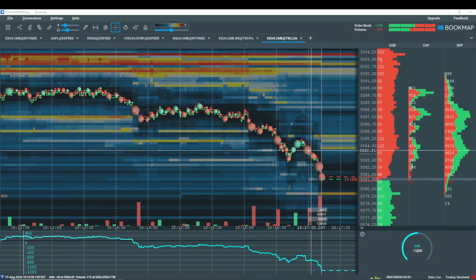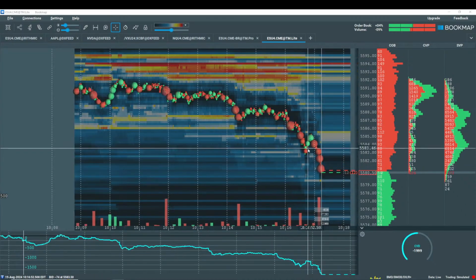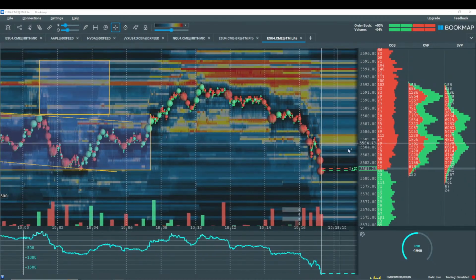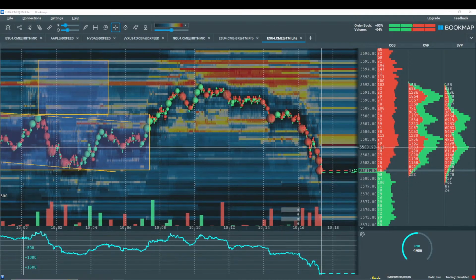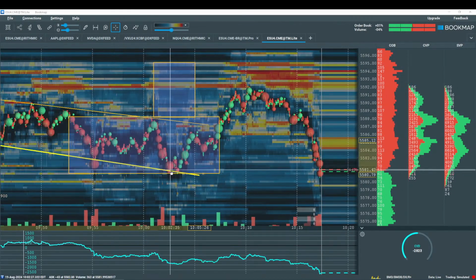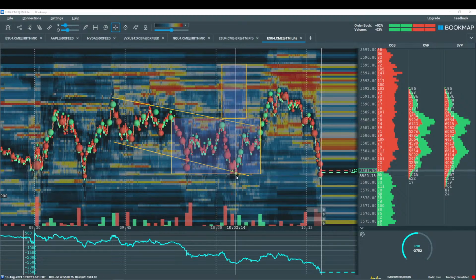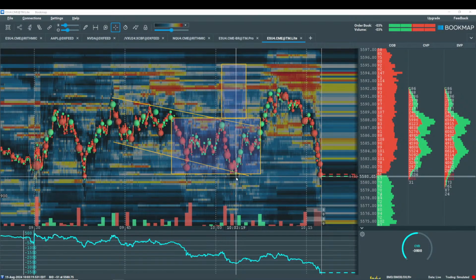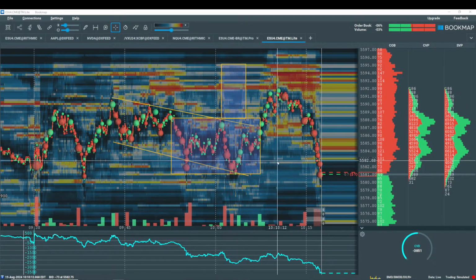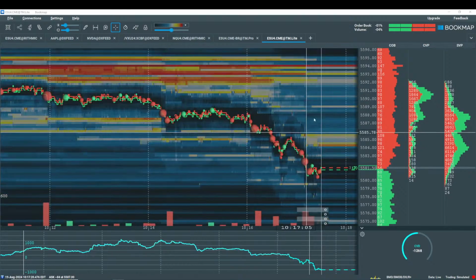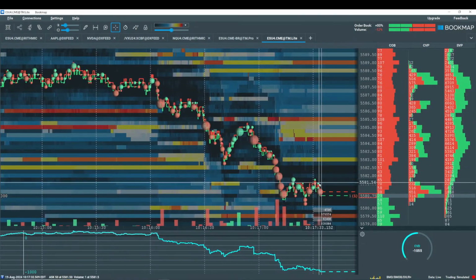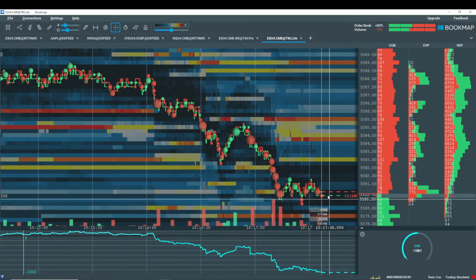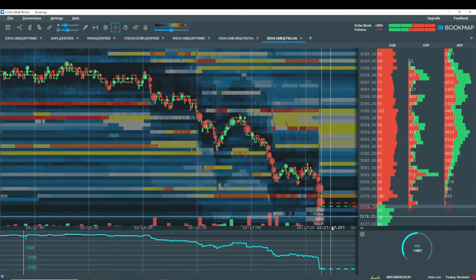All right, then we want to look to see who's going to take control maybe at that area. Okay, so this one has already blazed through it. This level is done. We have a new level down here. This is the swing low here of the 930 cash open, and we are just testing it right now. Okay, so we'd look for, are we still going to see more sellers trade through?